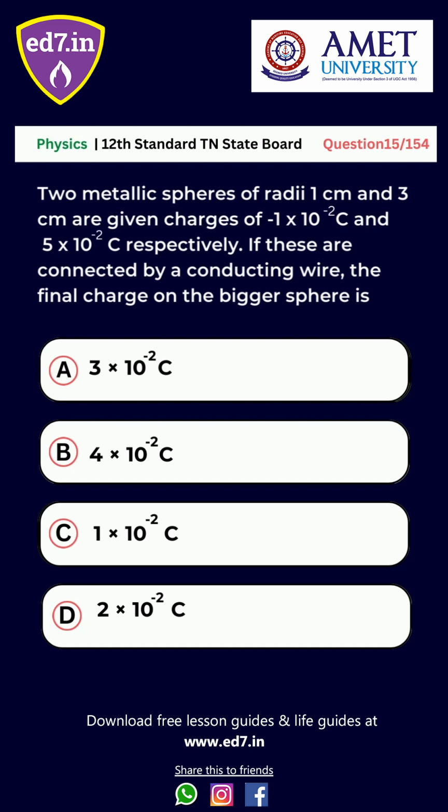If these are connected by a conducting wire, the final charge on the bigger sphere is option A, 3 into 10 power minus 2 C, B, 4 into 10 power minus 2 C, C, 1 into 10 power minus 2 C, D, 2 into 10 power minus 2 C. And the right answer for this question is option A, 3 into 10 power minus 2 C.